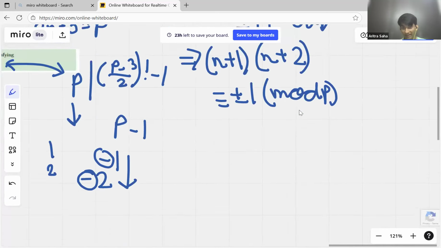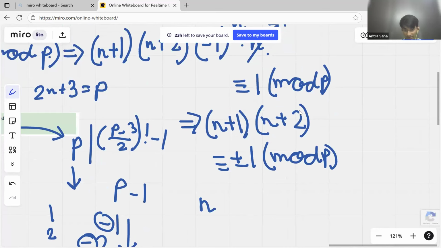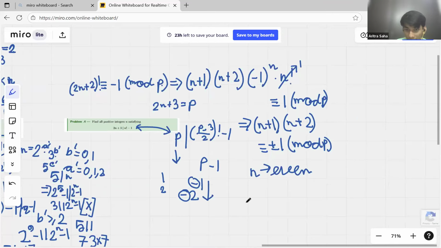So if n is even, let me just zoom out a little bit. For n being even, what we get is n plus 1 into n plus 2.